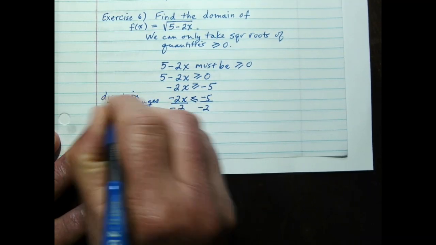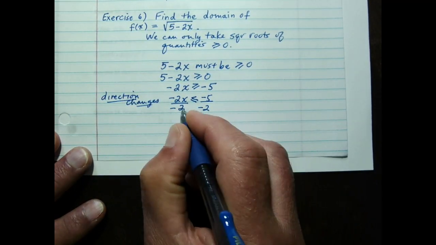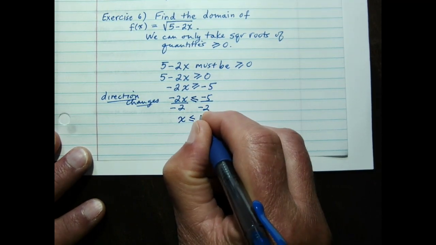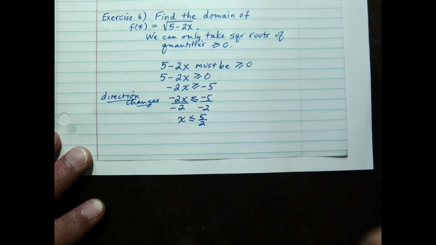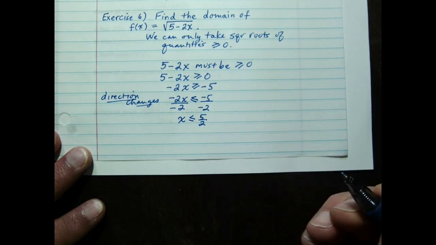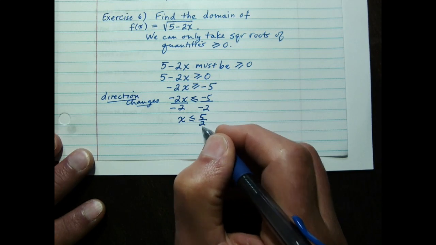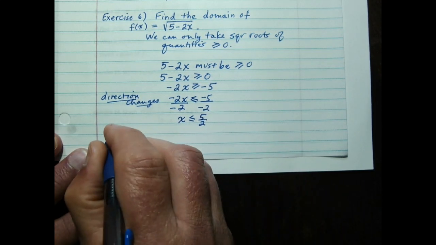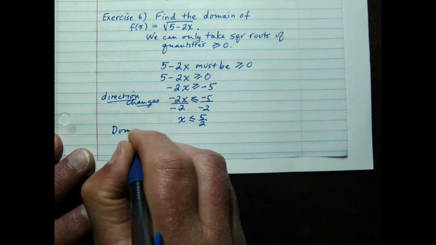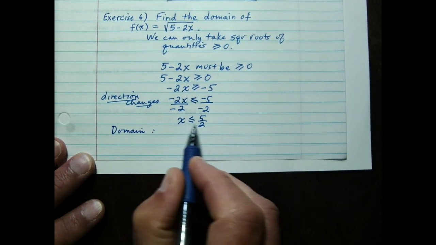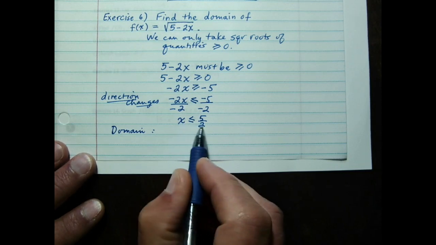And that only happens when you multiply or divide by a negative number. I get x is less than or equal to 5 halves, or 2.5 is the same thing. Okay. And so my domain consists of values of x that satisfy this inequality.